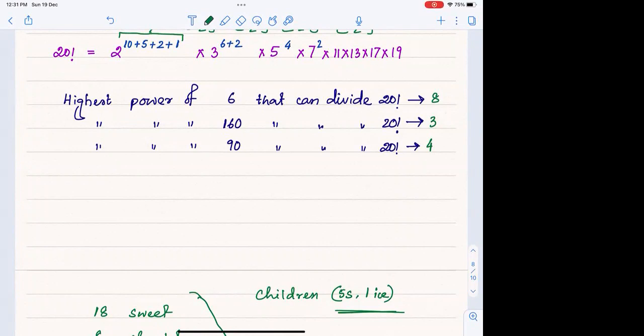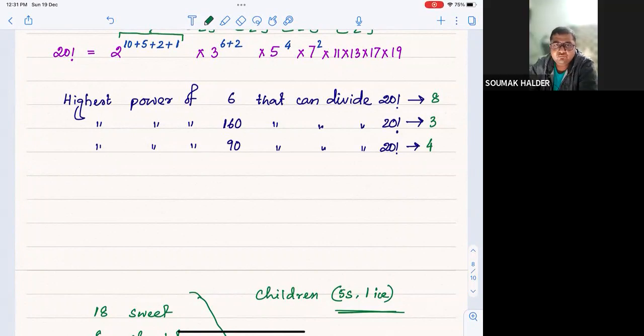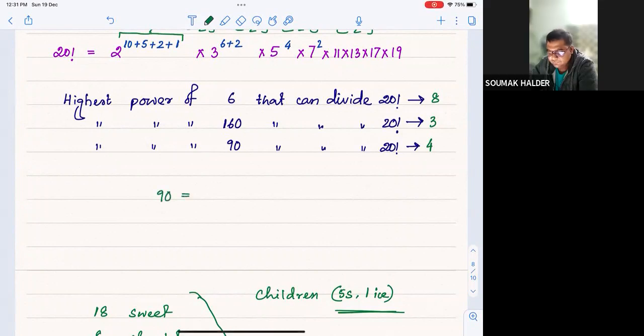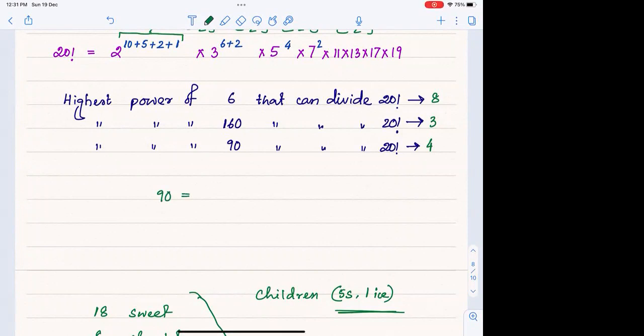Anyone not following this? Sir, can you explain this one? Yes. Just think of 90. Is 90 a prime? No, sir, it's not. So what is 90 made of? 5 into 3 square into 2.